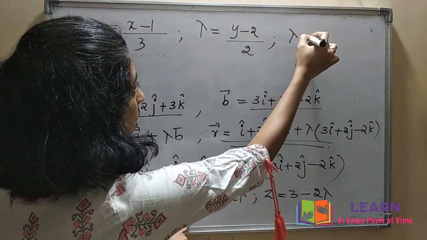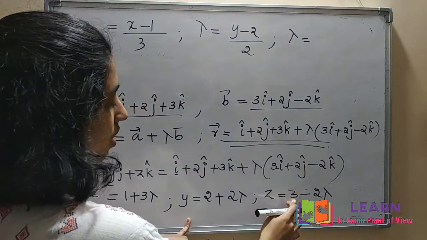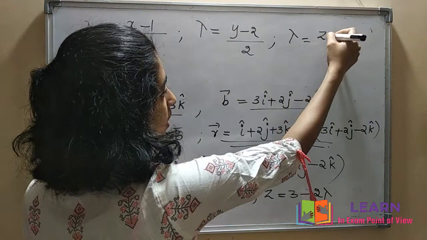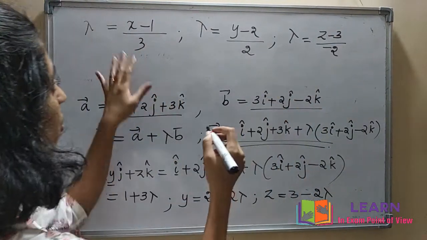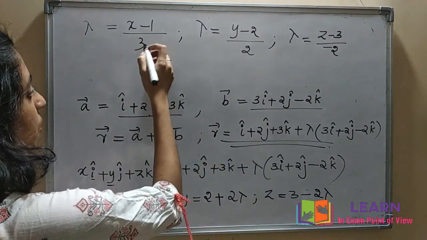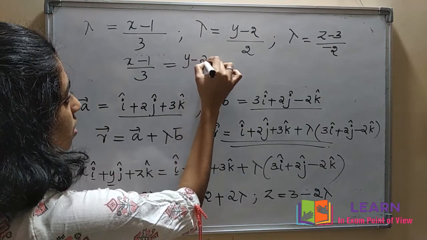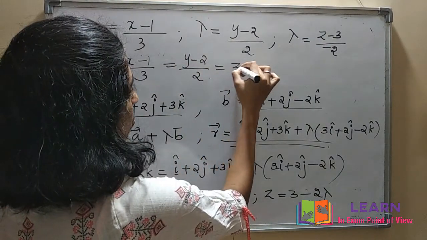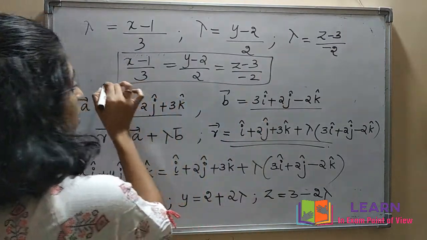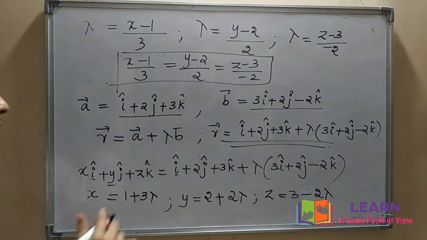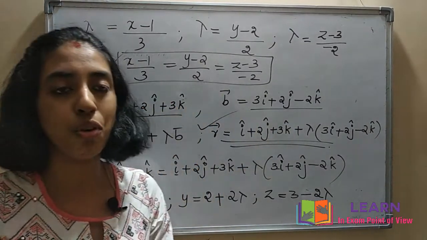Then last, lambda, here we have 3. It will become z minus 3 divided by minus 2. So all are lambda. That means we can equate it as x minus 1 by 3 equal to y minus 2 by 2 equal to z minus 3 by minus 2. This is the Cartesian form of the equation of the line. So we got the vector form as well as the Cartesian form.